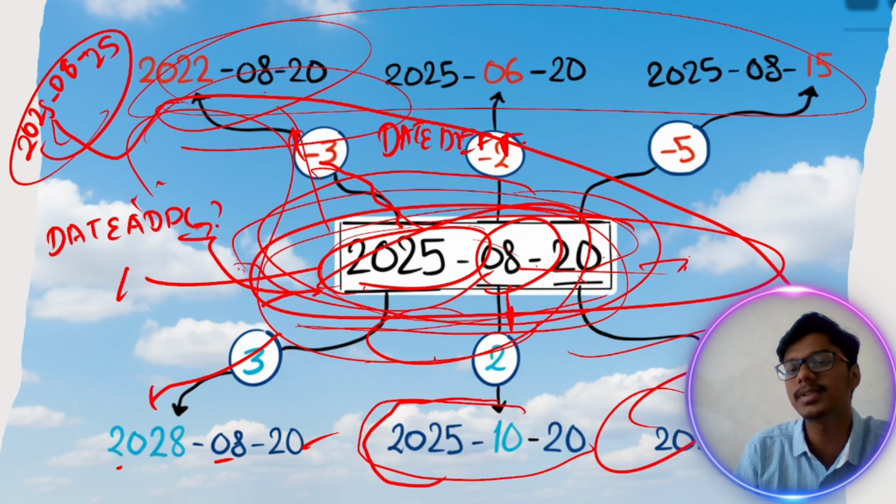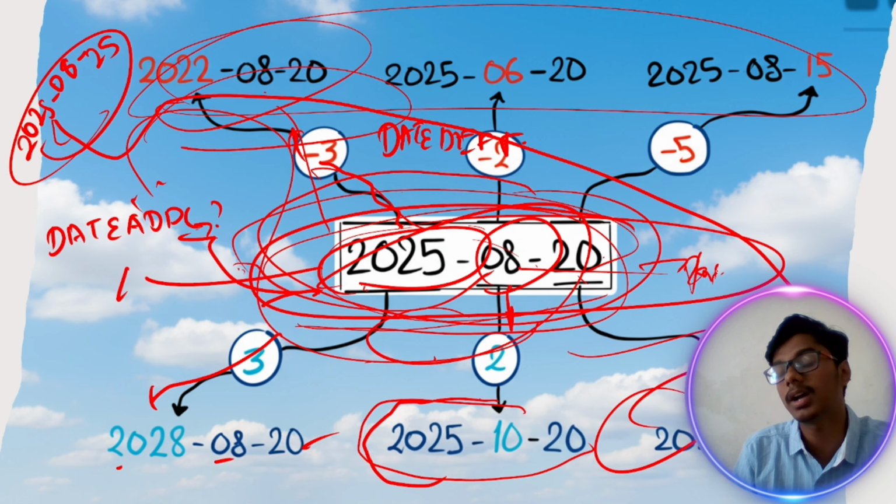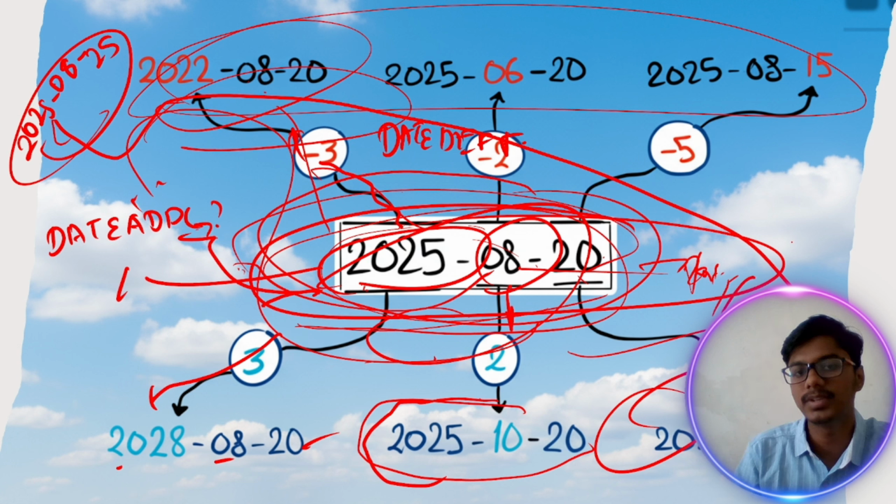I simply give which part is going to be eliminated, added or differentiated, how many intervals, and which date column has to be considered.